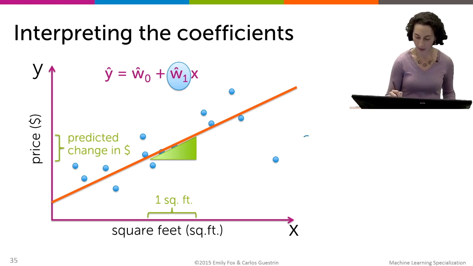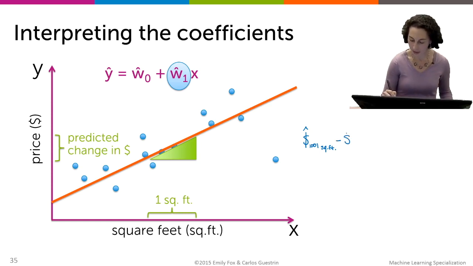For example, let's say I'm looking at estimating the value of a house with 1,001 square feet, and I want to look at the difference relative to the estimated value of a house with just 1,000 square feet.